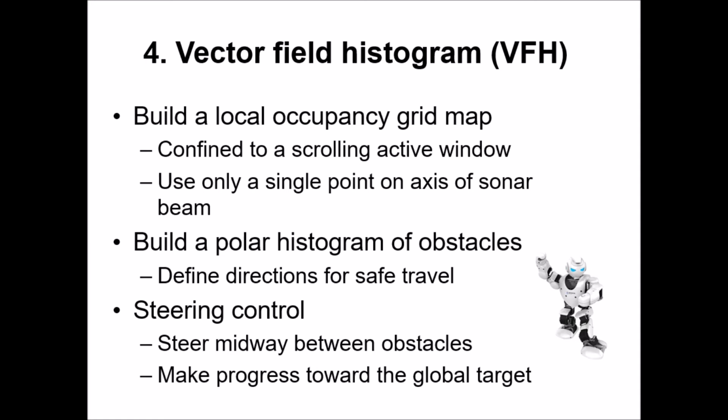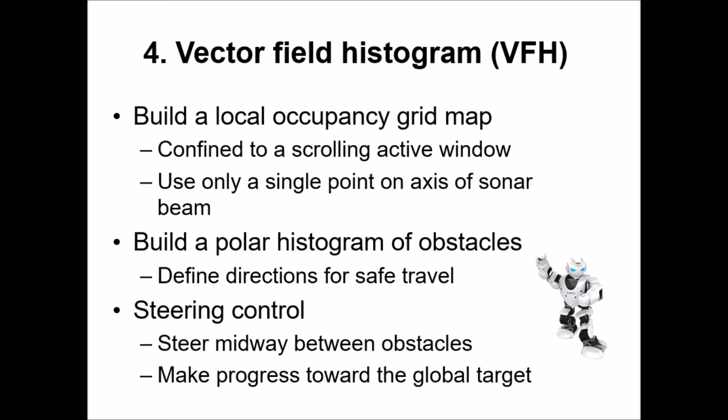The next step is to build the polar histogram of obstacles. The local map is in 2D formation, however the polar histogram is in 1D information. I will show you later on how we are able to do this conversion. Then, based on the constructed polar histogram, the algorithm will select the steering angle in order to avoid collision in one particular condition, and at the same time try to move towards the target.